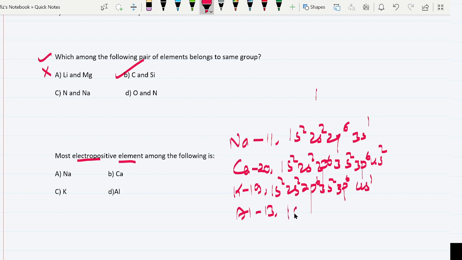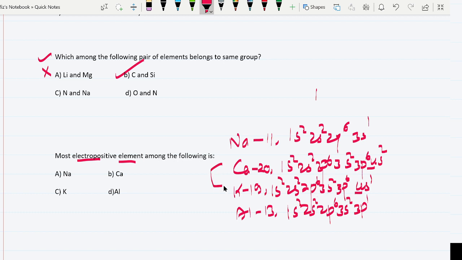Let me write the configuration here: 1s2, 2s2, 2p6, 3s2, 3p1. So now see here, the more electropositive element will be the one which has a greater atomic size. Greater atomic size means you look at the valence shell, the highest shell number. These two have the highest shell number out of these four, that is the fourth.